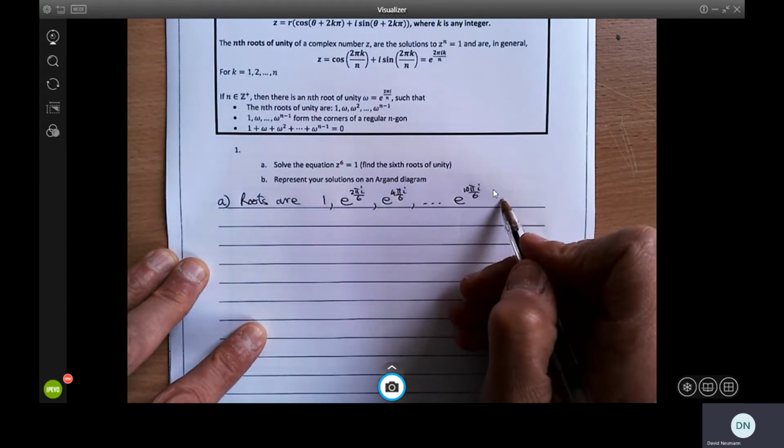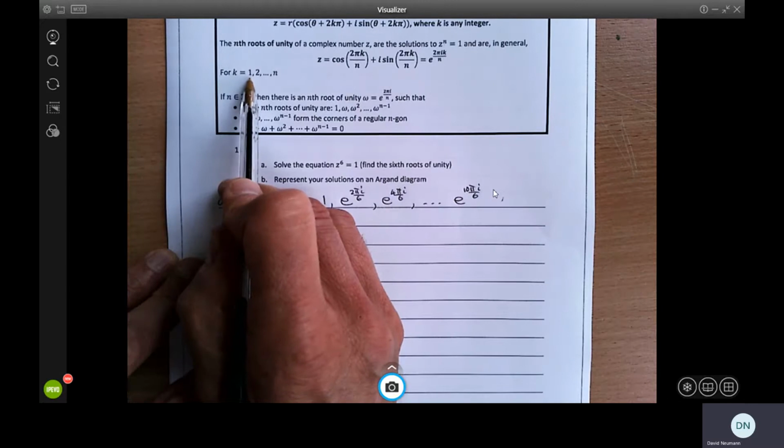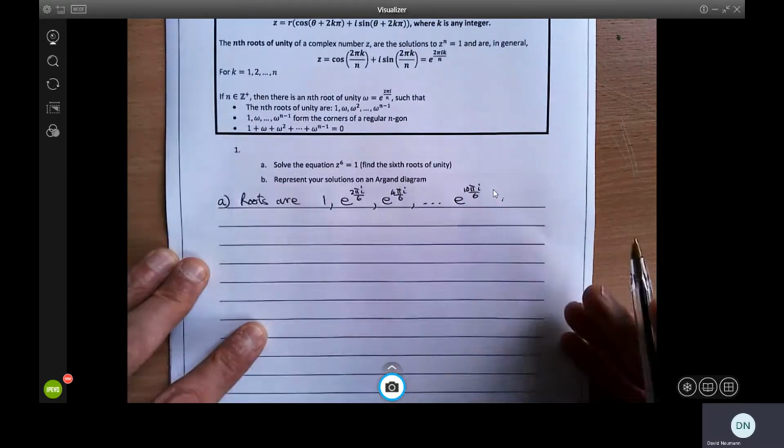So another way to think of this is k going from 0 up to n minus 1.